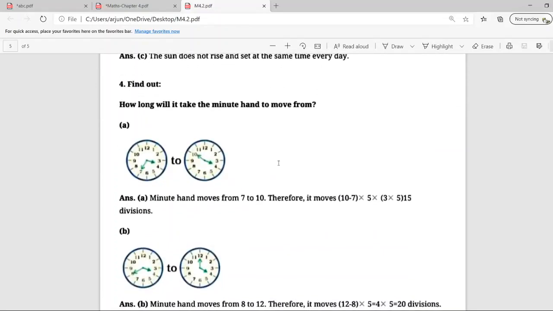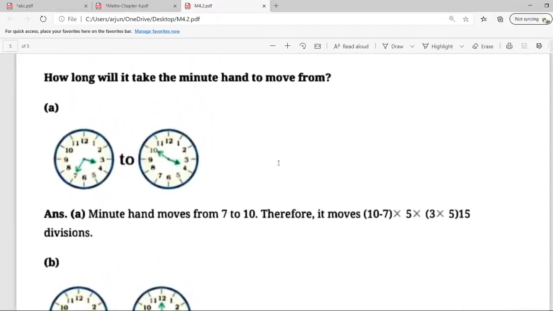So the fourth question: find out how long it will take the minute hand to move from A. Now we will see the clock carefully. The minute hand is at 7 and now the minute hand has moved to 10.